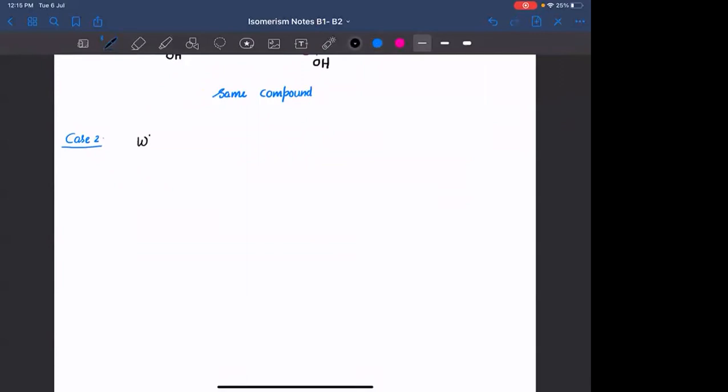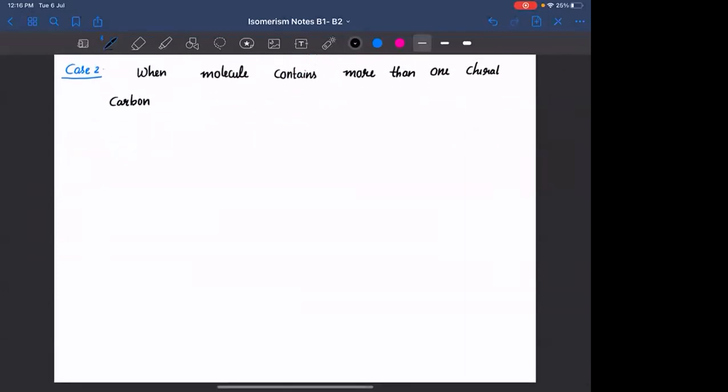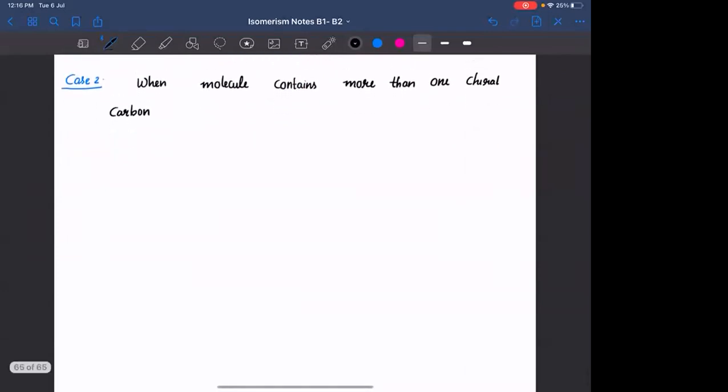Now, when the molecule contains more than one chiral carbon, in this case, the overall molecule may or may not exhibit chirality.